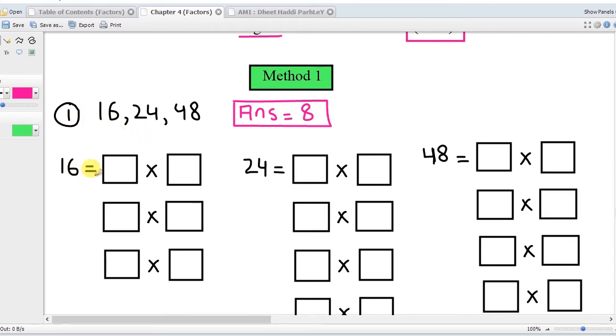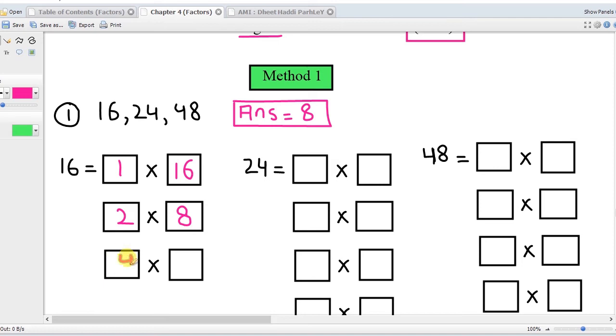Okay, so the first number is 16. We are going to find the multiples of 16, or simply the factors. Always start with 1. 1 times 16 is 16. 2 times any number will give you 16? Yes, 2 times 8 is 16. 3 times any number will give you 16? No. 4 times?